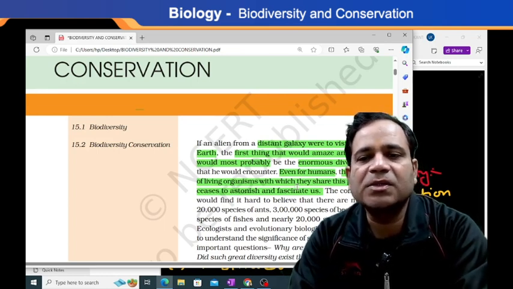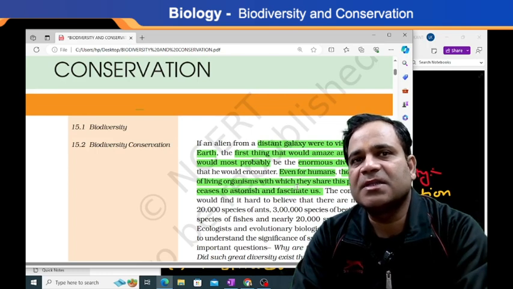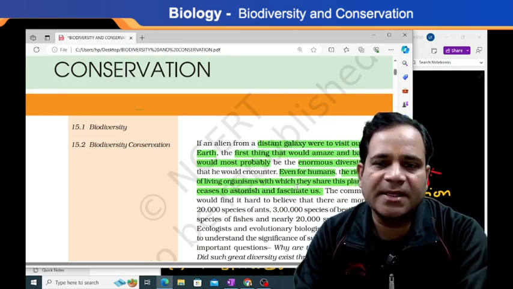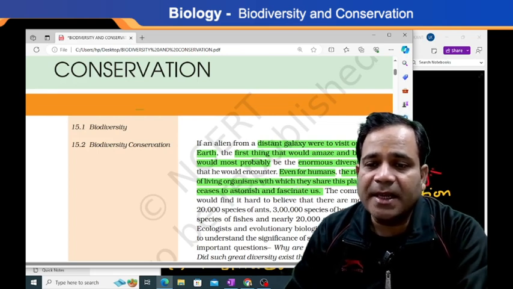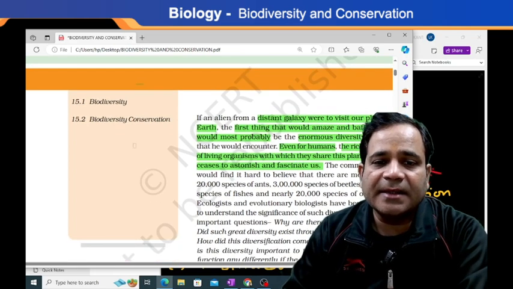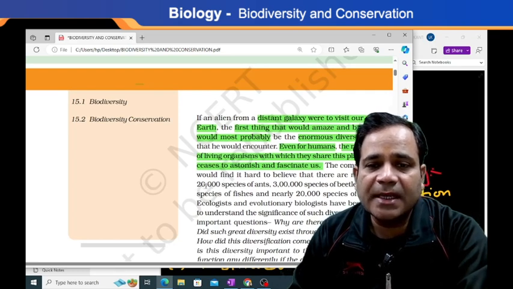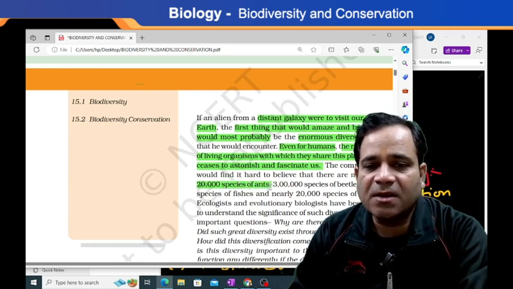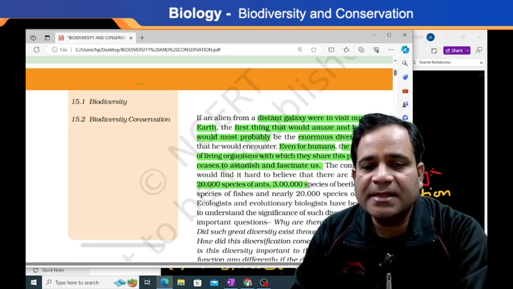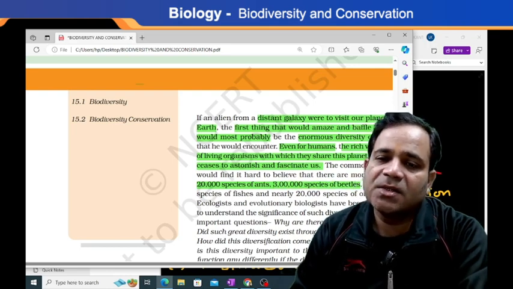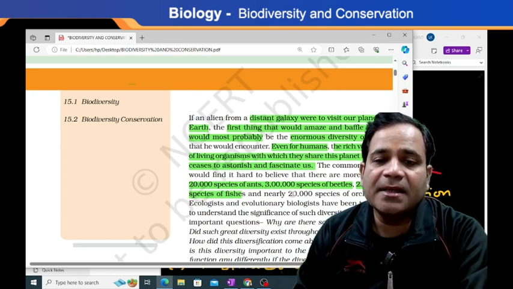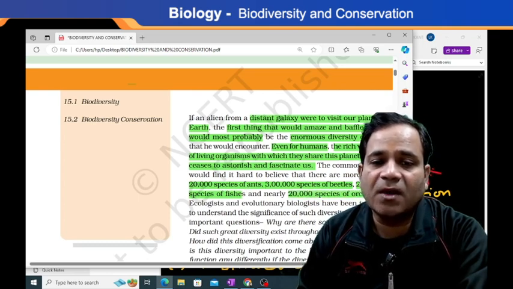The living organisms we share this planet with never cease to astonish and fascinate. For example, 20,000 species of ants, 3 lakh species of beetles, 28,000 species of fishes, and nearly 20,000 species of orchids.